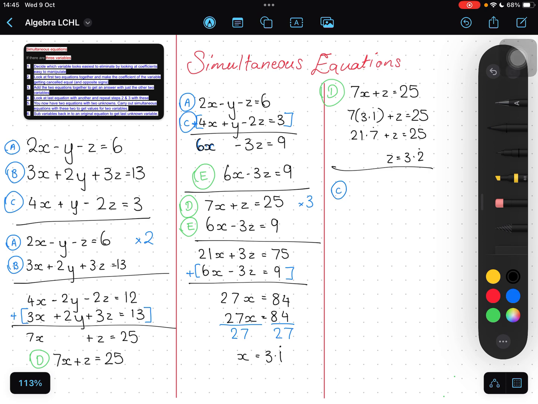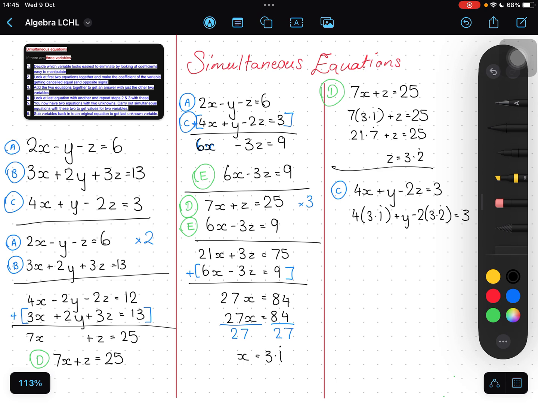So I'm going to sub back into C. First I'm just going to write C out again: 4x plus y minus 2z is equal to 3. And then I'm going to sub in. I have found x is 3.1 recurring, plus y, minus 2 times 3.2 recurring, is equal to 3.